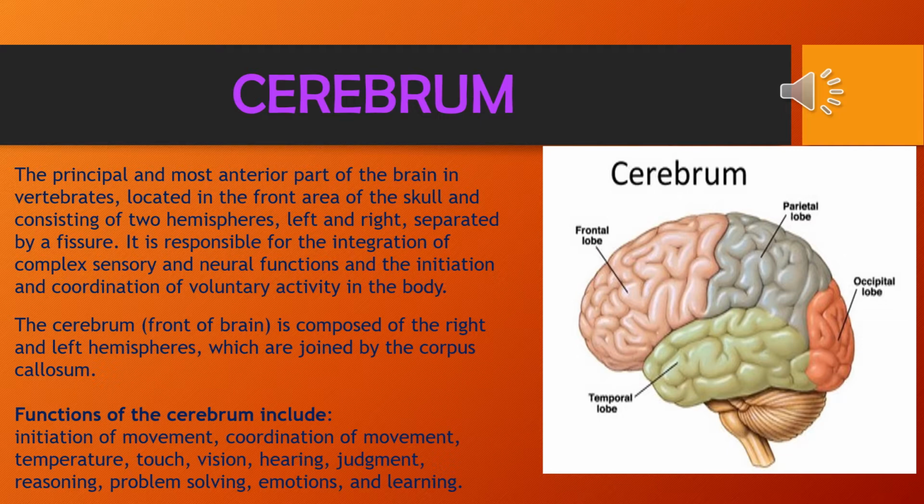The cerebrum, front of brain, is composed of the right and left hemisphere, which are joined by the corpus callosum. So right and left hemispheres of cerebrum are joined by corpus callosum. It's a special type of organ.